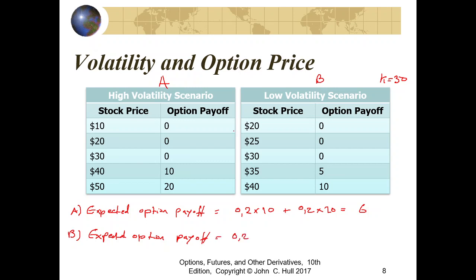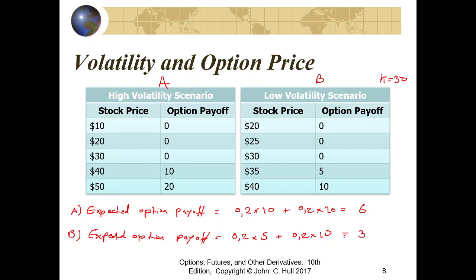Each price has a probability of 0.2, so the total probabilities is going to equal 1, or 100%. So we multiply the probability that the price 35 will take place by the payoff of the option, plus 0.2 times 10, and we will get a value of 3.